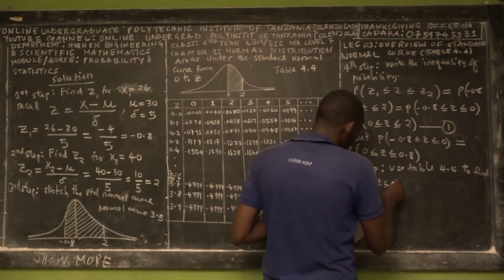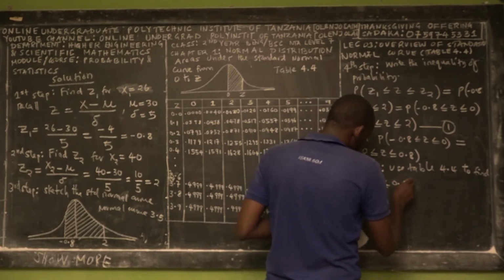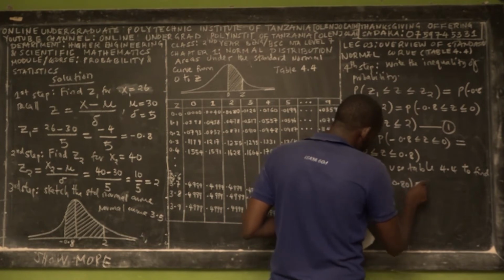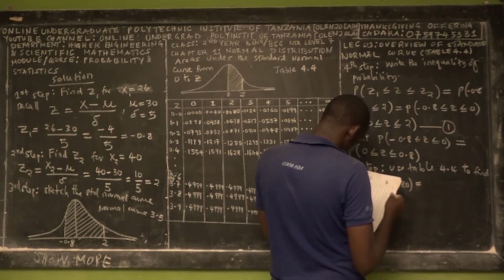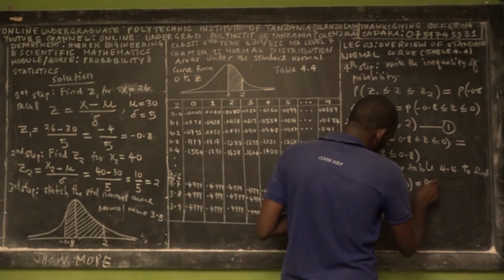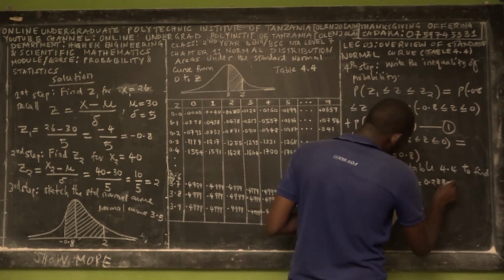So the probability of 0 less than or equal to Z less than or equal to 0.80 is equal to 0.2881.